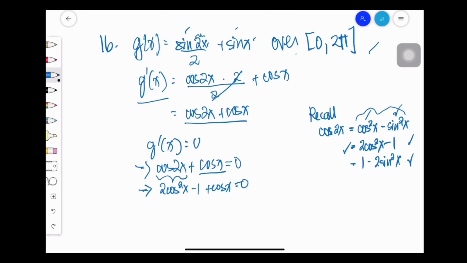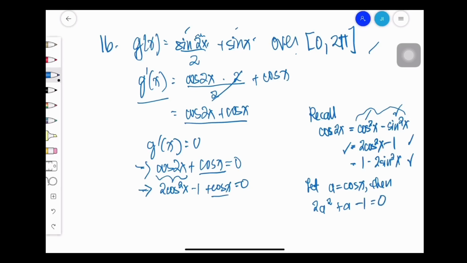So as you recall in algebra, for you to visualize even clearer that this is in quadratic form, we can represent cosine x as another variable, say a. Then this equation becomes 2a squared plus a minus 1 equals 0.